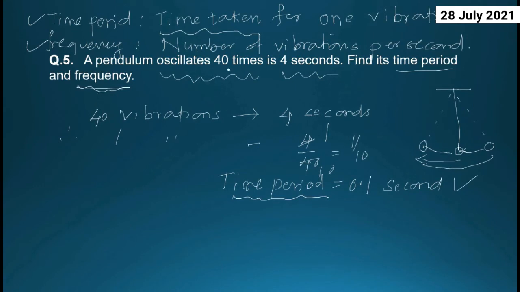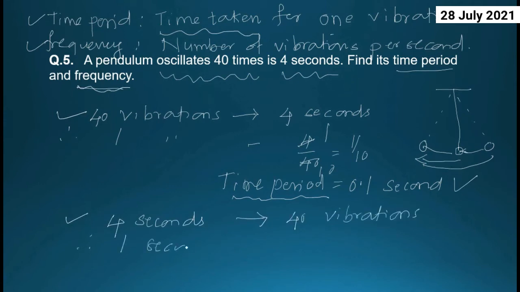Now the number of oscillations in 1 second. So the same statement, I'll take it in a different, reverse order. Now 4 seconds are required for 40 vibrations, and therefore in 1 second how many vibrations? 4 seconds requires 40 vibrations.